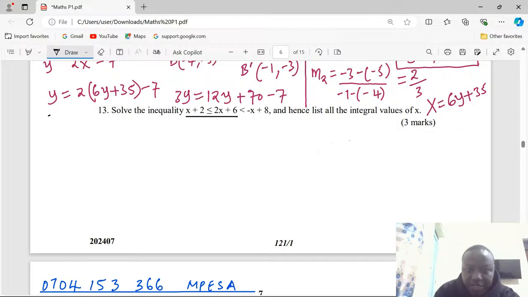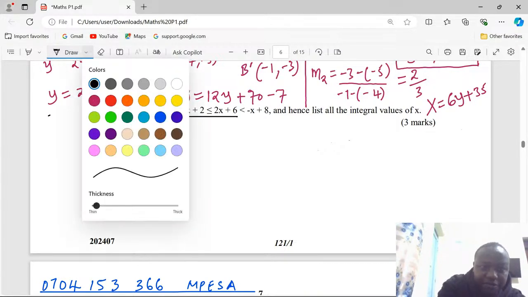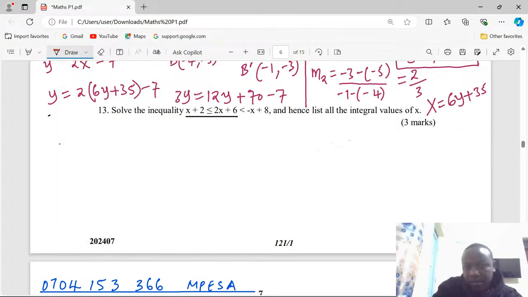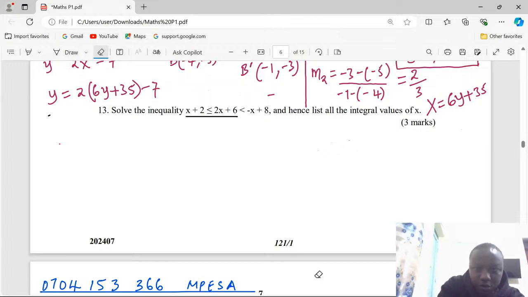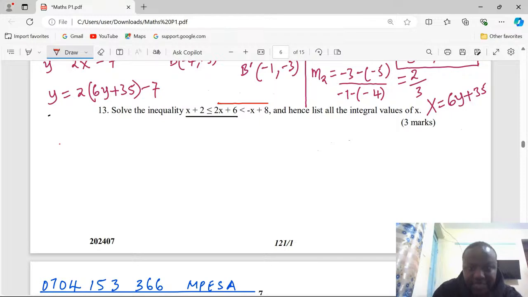The first one runs from the first term up to the term just before the second symbol of inequality. Then the second one will be starting immediately after the first symbol of inequality up to where we have the last term. So this will be the first inequality. Then the other inequality in the pair is going to run from 2x up to the last term.